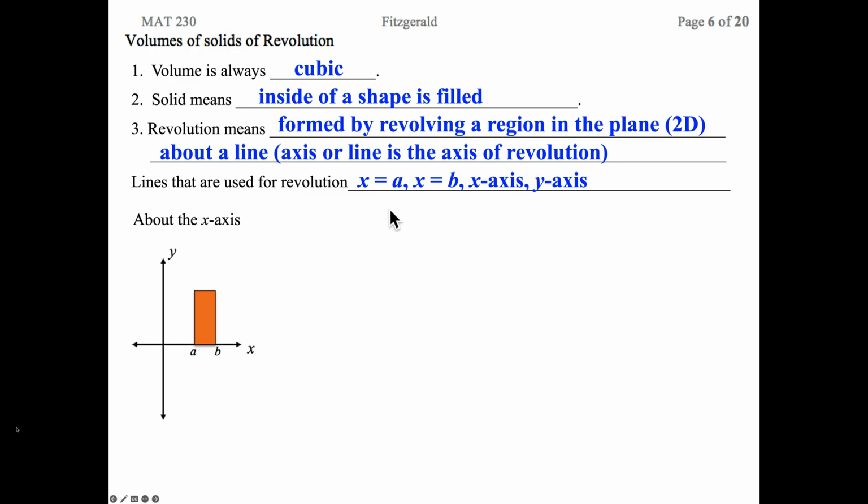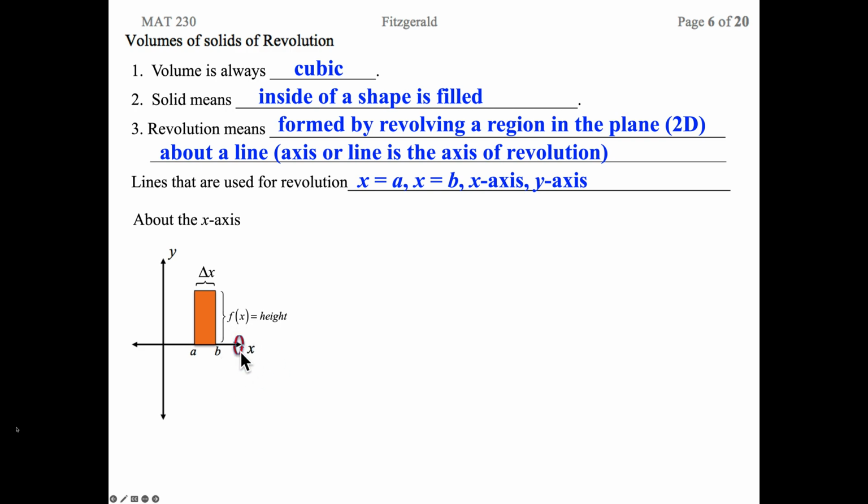If we start to build this, let's take our two-dimensional rectangle, keep it simple, and revolve this around the x-axis. The height of my rectangle times my width gives me the area, and we rotate it around the x-axis.